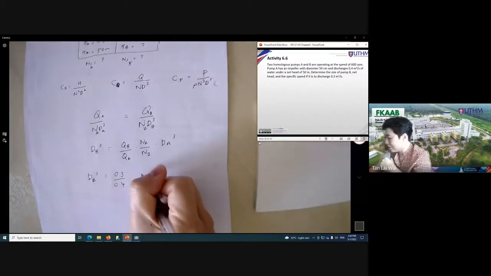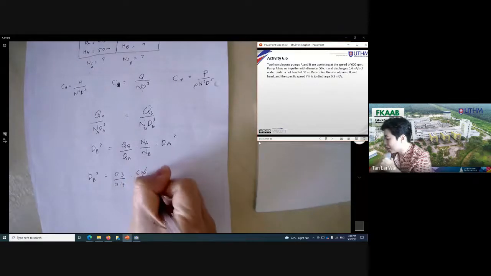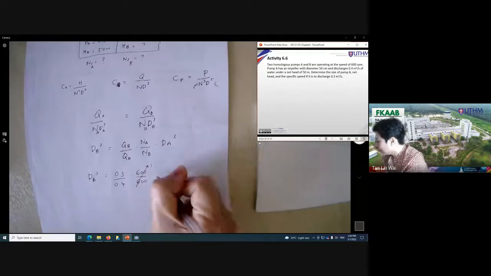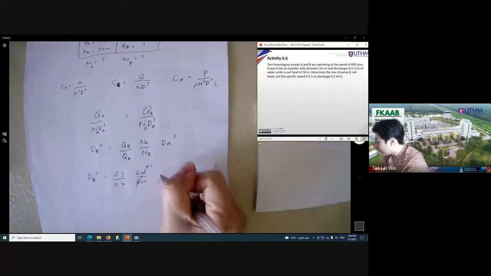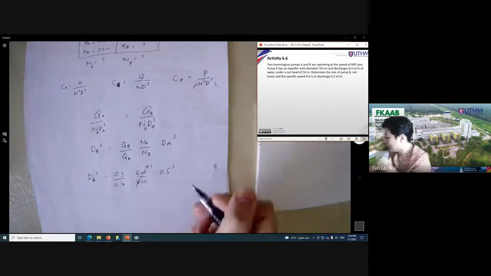NA and NB, you can write 600 divided by 600. It doesn't matter. I could also write 1, since both are the same. So this will actually give me 1. Doesn't matter. And then dA to the cubic power, which is 0.5 cubic power.